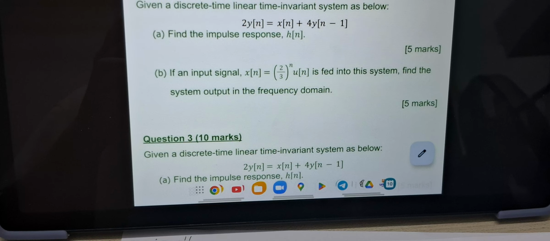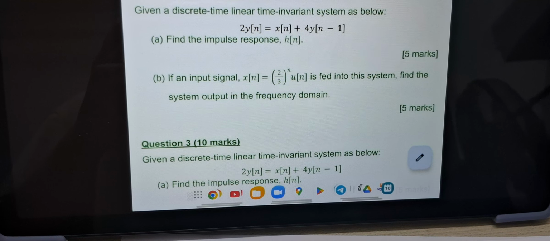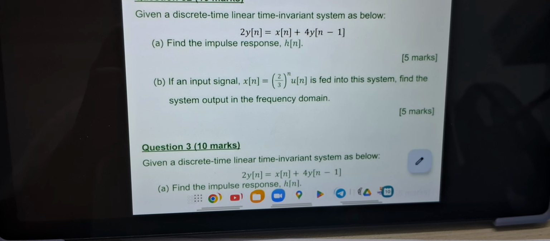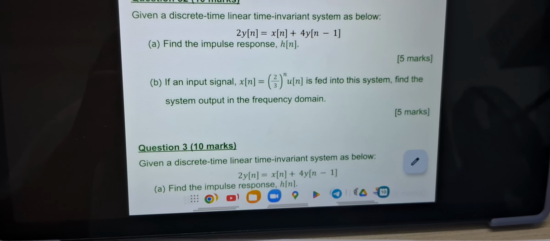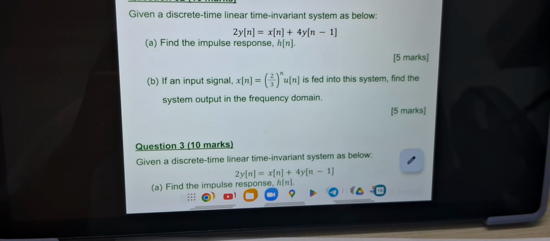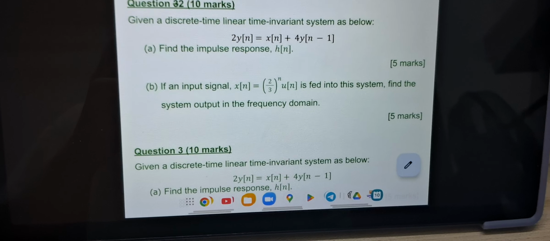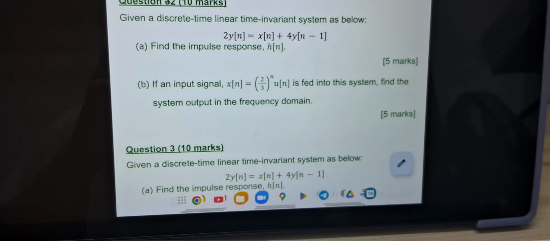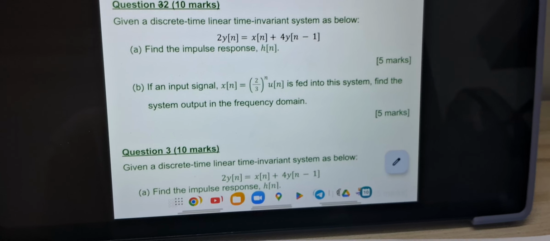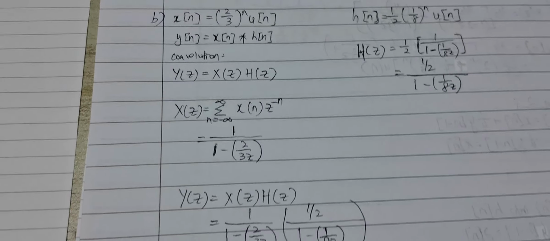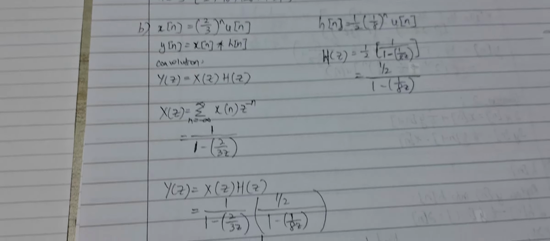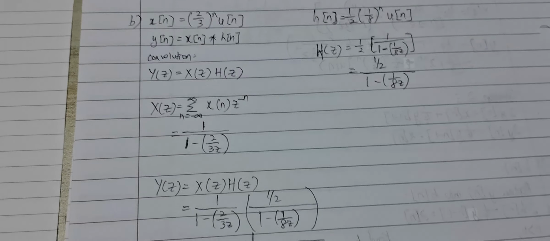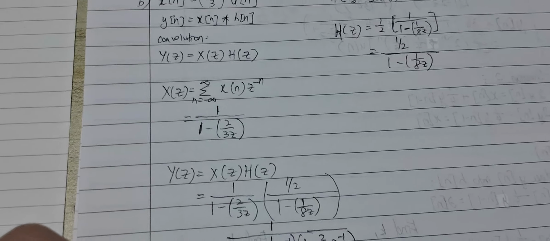You need us, given the input signal xn equal to (2/3)^n un in the system, to find the system output in the frequency domain and time domain. For the frequency domain, we can use the Z transform, or omega transform, or the DTFT.